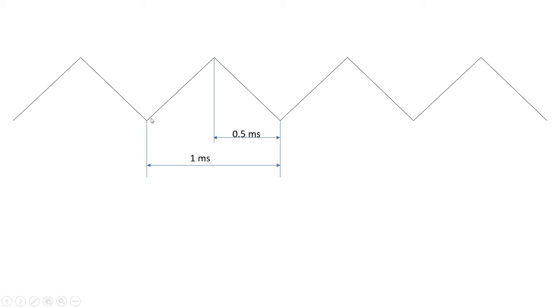Say the minimum value is 00. We need to design the maximum value, say n. So first we need to load 00 into the accumulator by means of the instruction MVI A, 00. Whenever this instruction is executed, 00 is loaded into the accumulator.